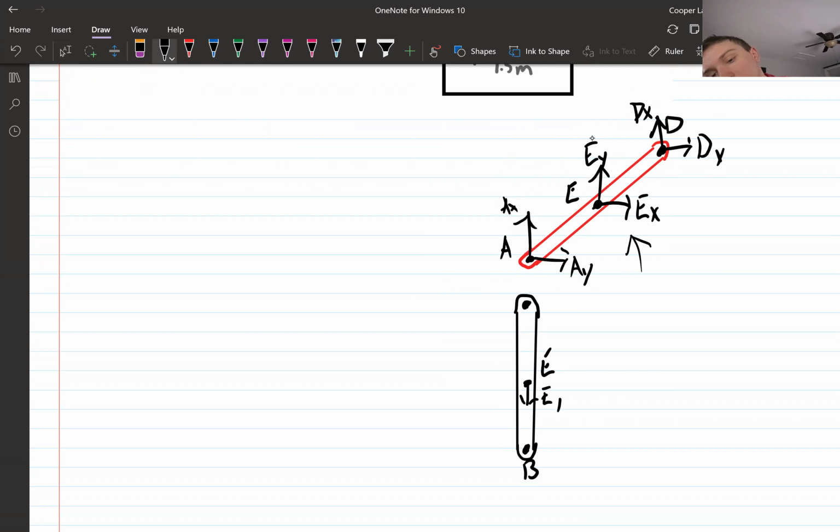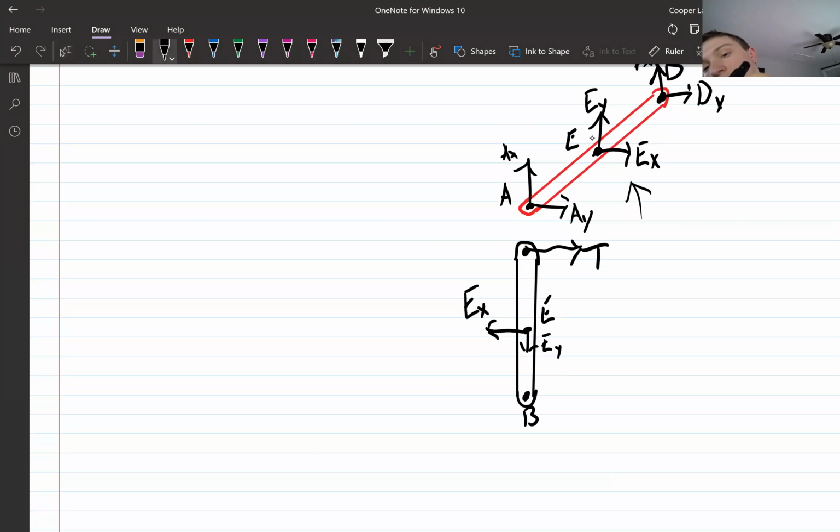So we have E sub Y. Now here, this way, we have E sub X. Up here, we have the tension pulling from up there, which is simply T, which equals, of course, 50. And then at B, we have B sub X, and horizontally, B sub Y up here, and B sub X.